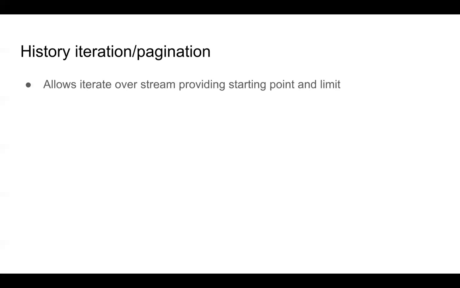Previously, there was only an option to receive all current history in a channel. Now you have a way to iterate over it. Thus, theoretically, this can open a way to keep larger streams, a larger history than you could before. And you will be able to iterate in both directions, from earliest to latest and vice versa.